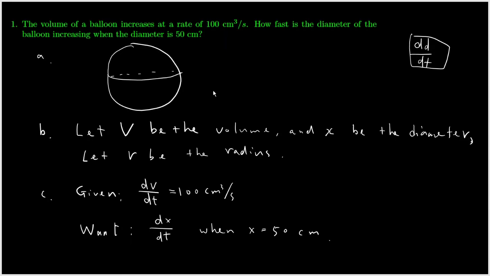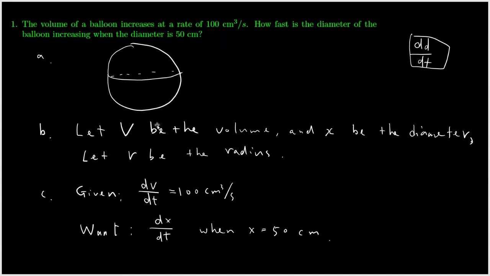And then in step B, we want to introduce variables to denote the quantities. At least introduce two variables. One variable is for the quantity for which you are given the rate of change, and the other to denote the quantity for which you are looking for the rate of change.